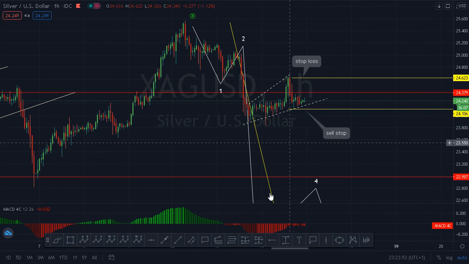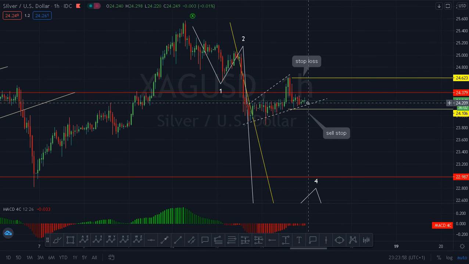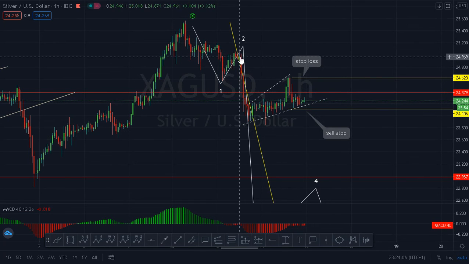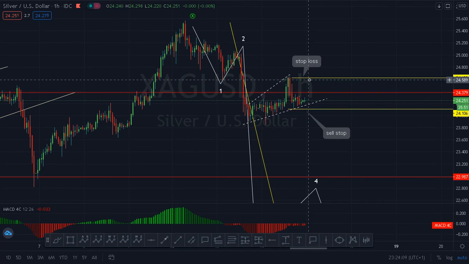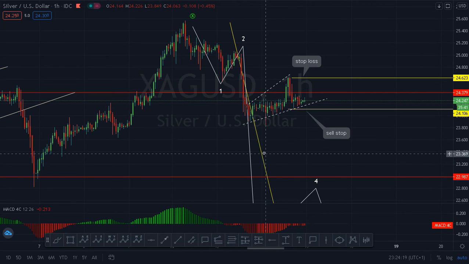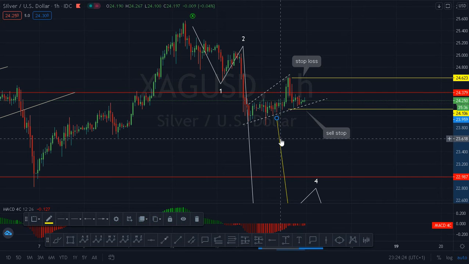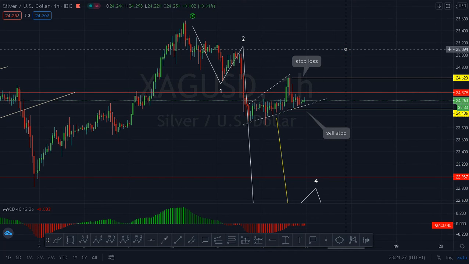So, sell stop and stop loss. If the price keeps going up, I will cancel it. The reason I put it here is that I am expecting what happened here to happen, a kind of sharp drop. If I get a sharp drop, then I will adjust my stop loss to break even. Then it will become a risk-free trade. So don't just place a pending order and forget about it. It can be counterproductive.